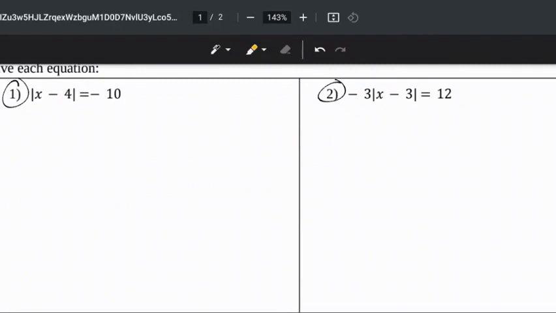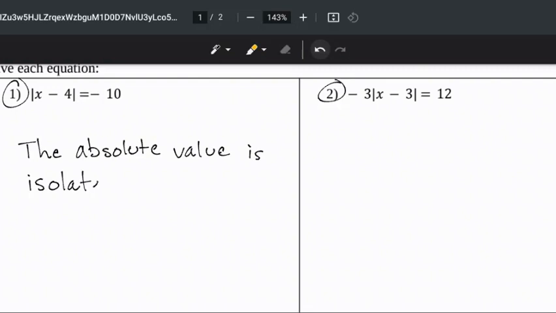Okay, so that being said, let's try some examples and keep on the lookout for situations that involve special cases. So in number 1, the absolute value is isolated, and it equals a negative number, right?